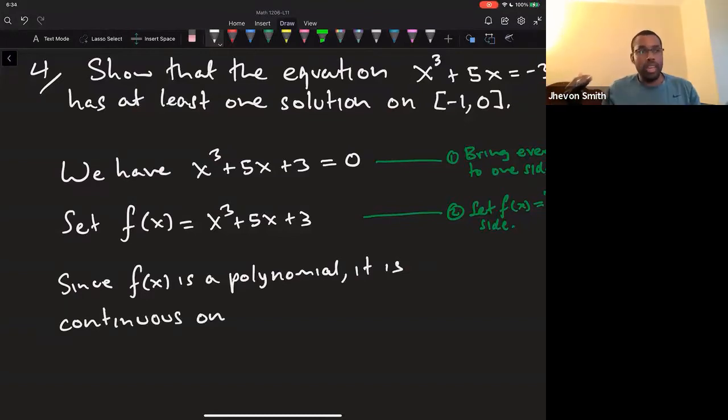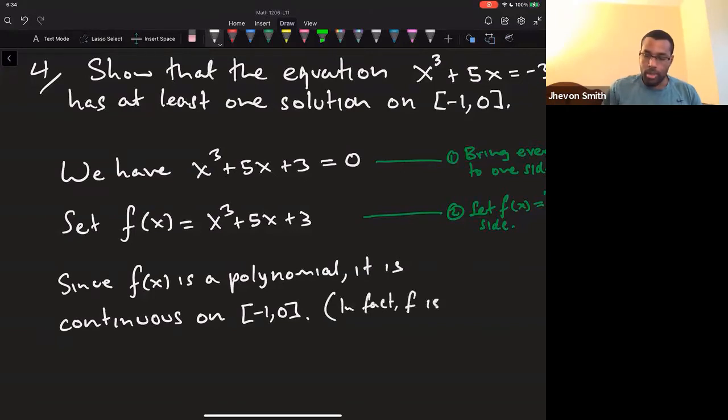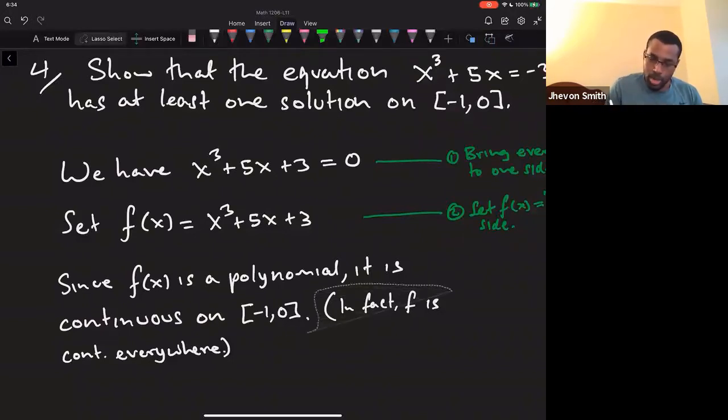So definitely it's continuous on this interval, right? In fact, f is continuous everywhere. You don't have to write that, but I'm just reminding you. Polynomials are one of the elementary continuous functions.